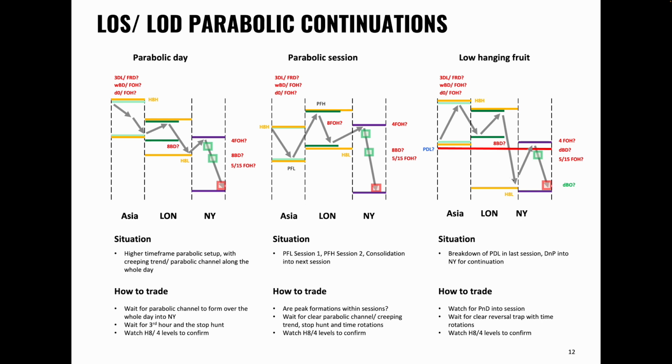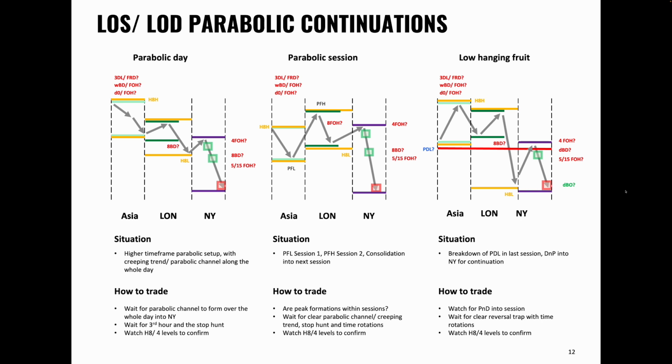So this is already a broken down market from the last session, and maybe even from the day. And then you again watch for a pump and dump setup into the New York session. It potentially just pumps up, trades into the daily breakdown level. Potentially you get another 4-hour fake out high, and then you take the continuation down.